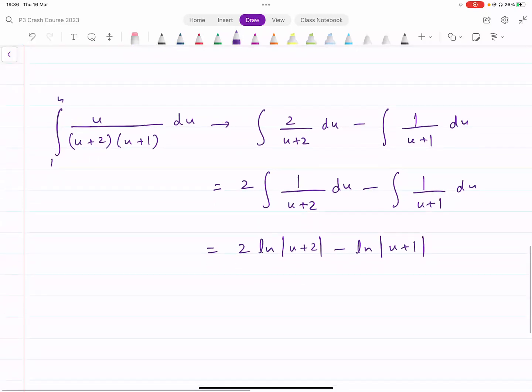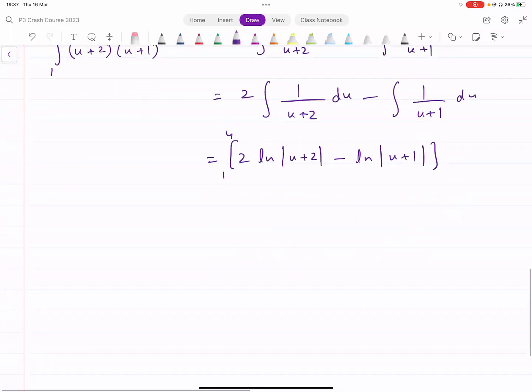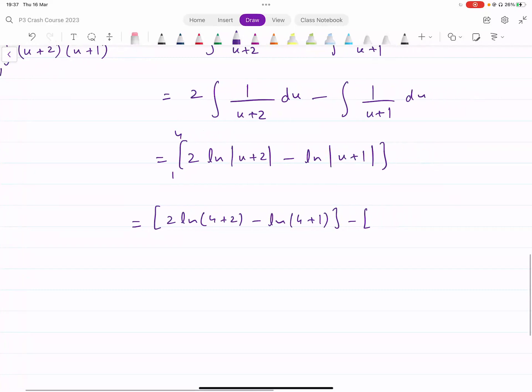Okay, now just input values. The limits are from 1 to 4. Let's input those limits and see what we get. If we input 4, that gives us 2 ln of 4 plus 2 minus ln of 4 plus 1. Subtract from that the case when we input u equal to 1.